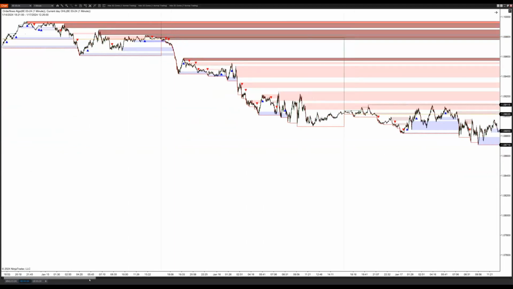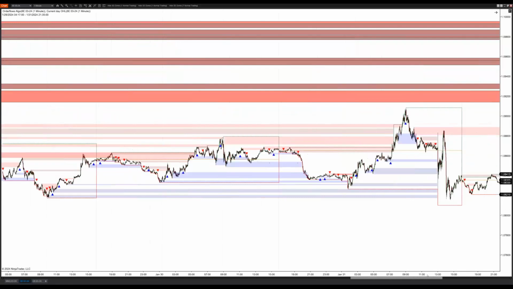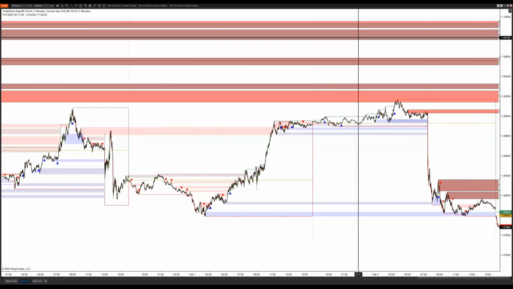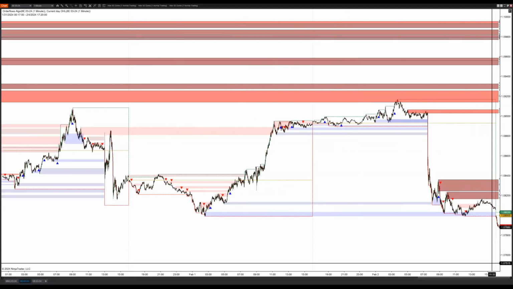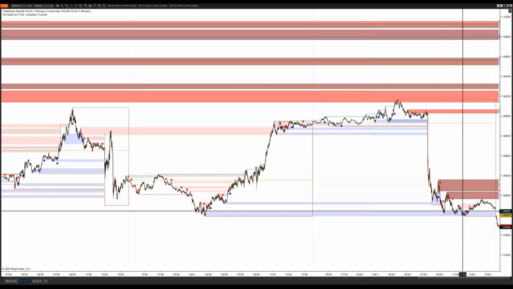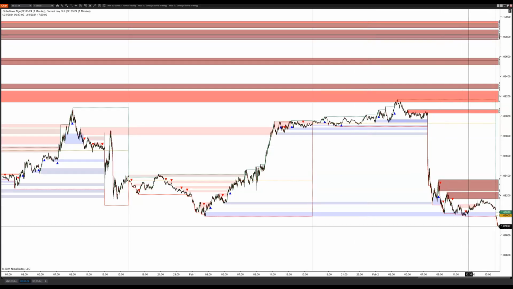That doesn't mean they're not legitimate zones, but what formed those zones at that time off of the order flow, you sell off, these zones are 109, 80 more or less. We're almost 200 points lower.